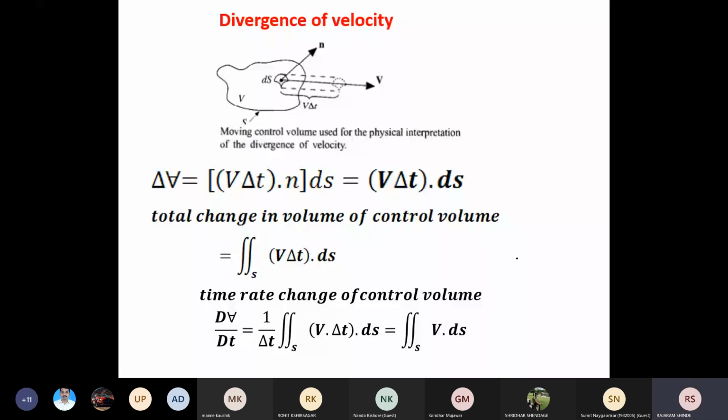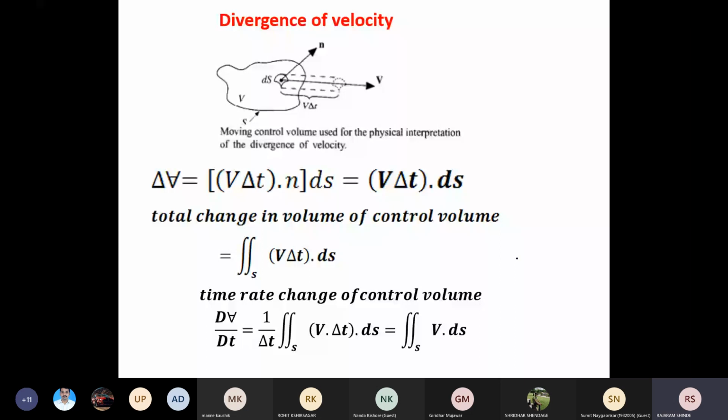Again, as volume and surface are changing with the flow, the density inside the control volume is not constant. That is because it has fixed mass, but volume and shape are changing.